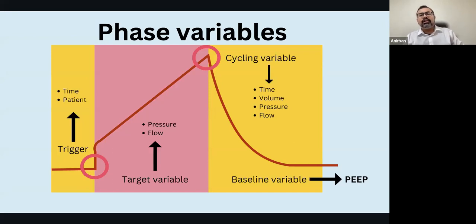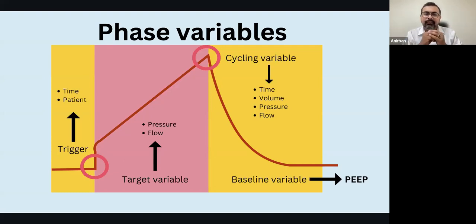So how does a patient tell the ventilator that it should initiate a breath? Whenever you take a negative inspiratory breath, you generate a negative pressure plus an inward flow.